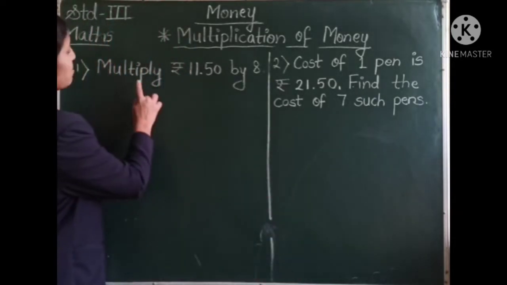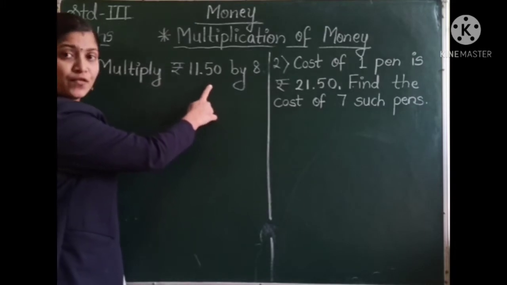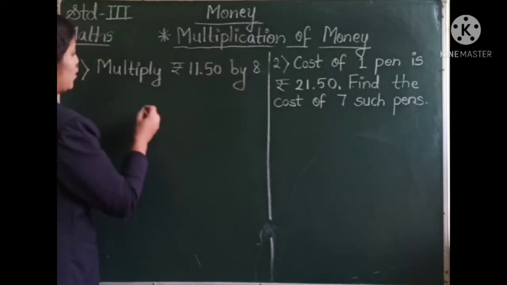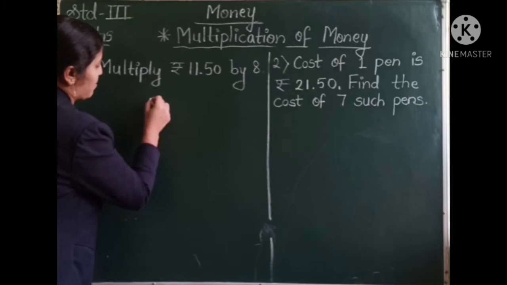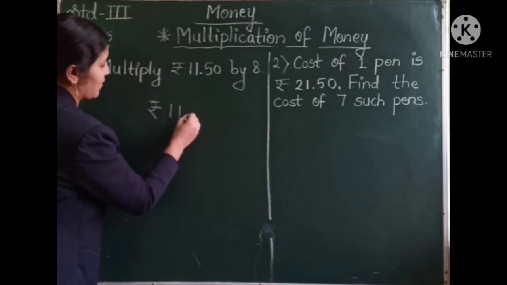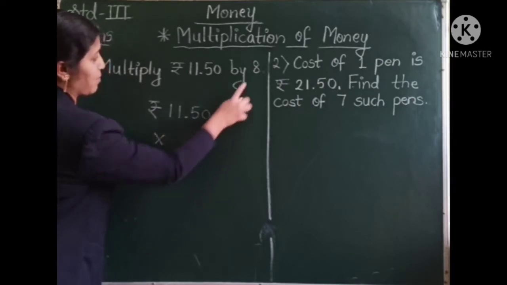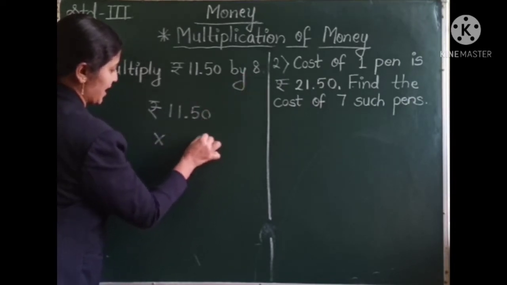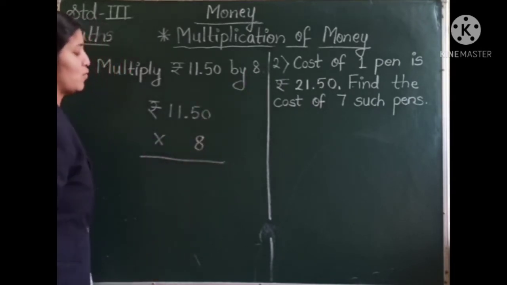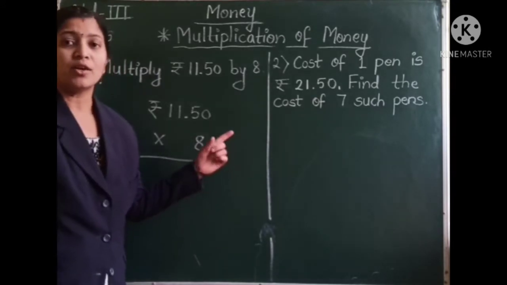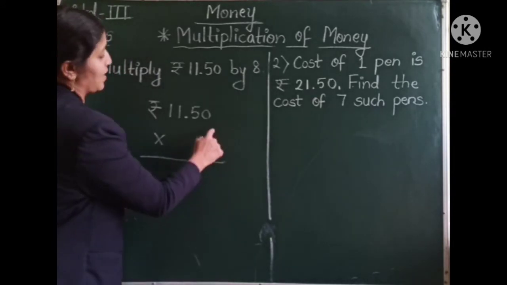So here you can see multiply rupees 11 and 50 paise by 8. So I will write the amount, that is rupees 11.50, and we have to multiply it by 8. So I write 8 over here. So when we do the multiplication, we begin it from the right side.